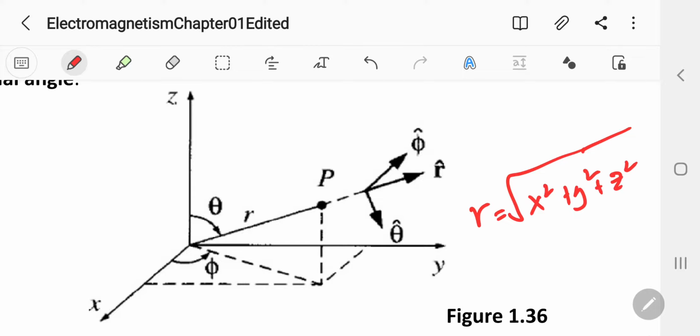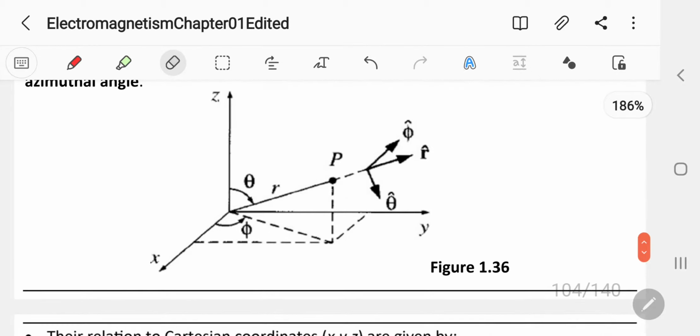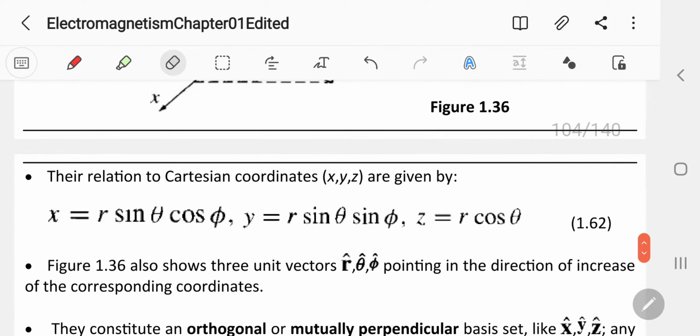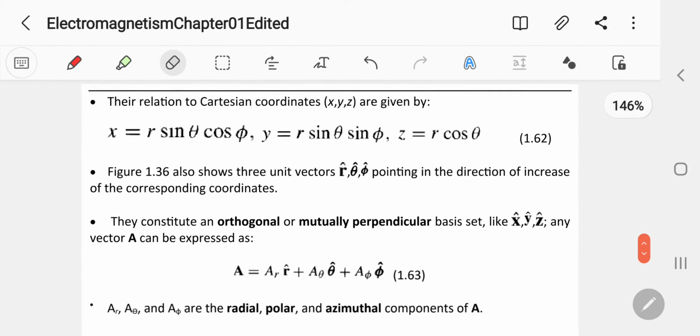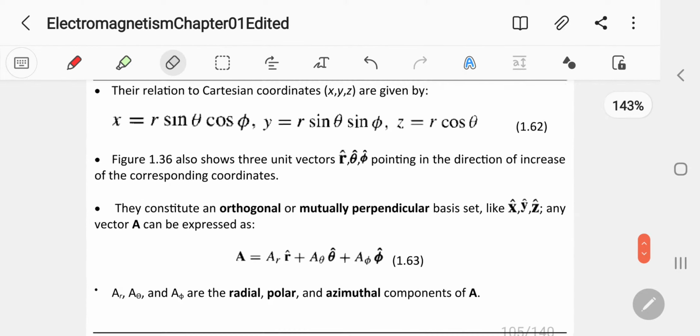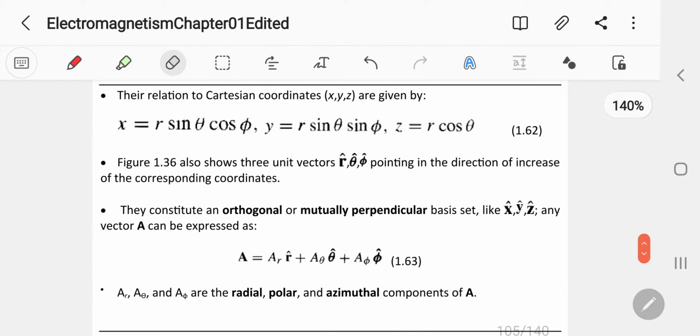But anyway, let's look at that later on. So that's your x, y, and z.